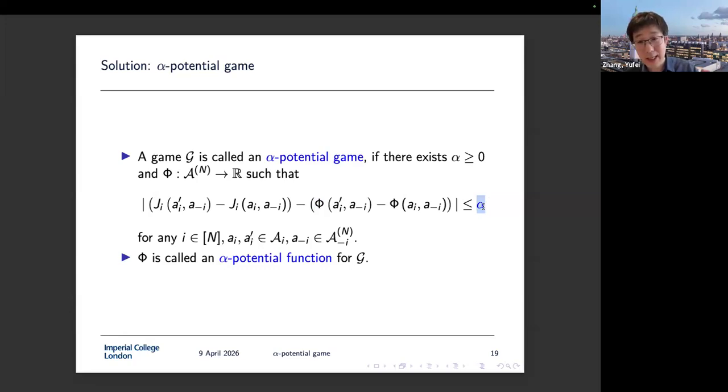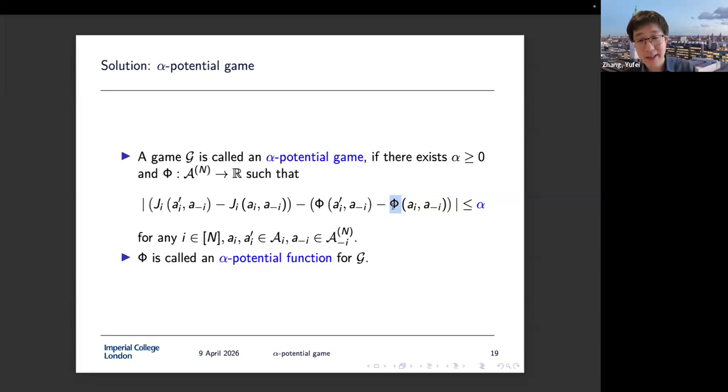But this is actually a crucial and important generalization, because once you allow for this additional parameter alpha, you can essentially apply this framework to most dynamic games. For example, one naive choice of the potential function phi is 0.